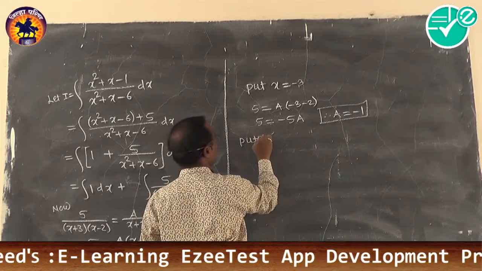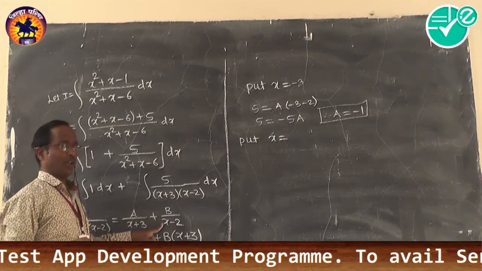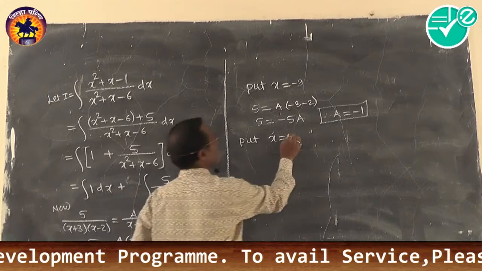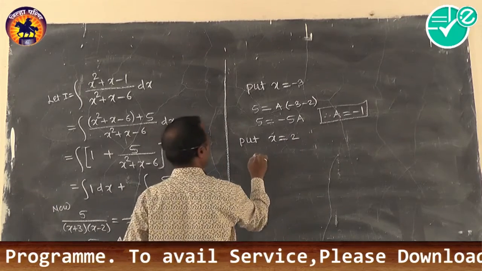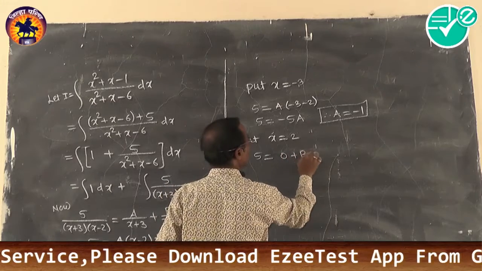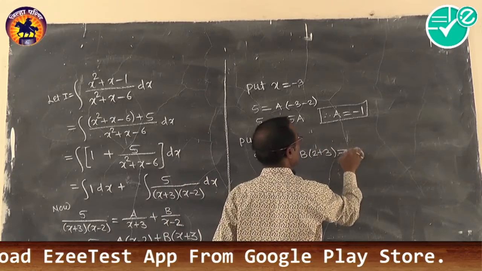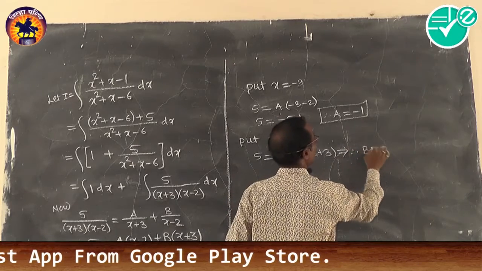For that, put x is equal to 2, where the second partial fraction's denominator becomes 0. We get 5 is equal to 0 plus b into 2 plus 3. Therefore, b is equal to 1.